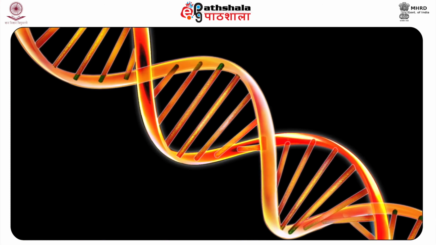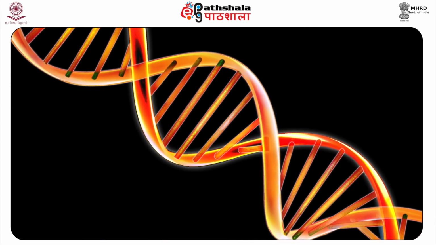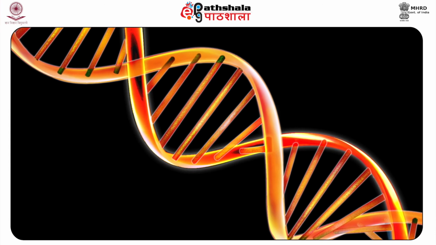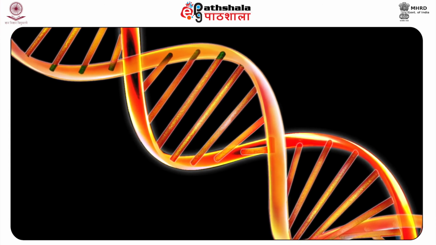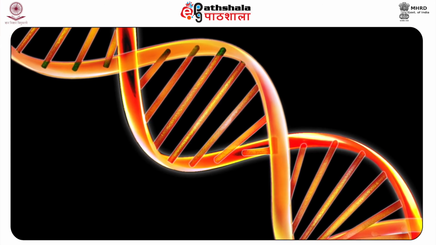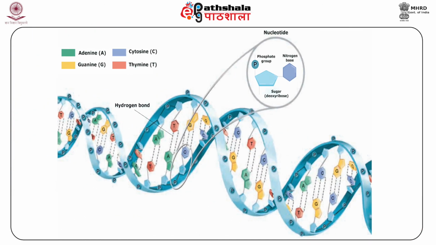Most DNA molecules consist of two biopolymer strands coiled around each other to form a double helix. The two DNA strands are known as polynucleotides since they are composed of simpler units called nucleotides.